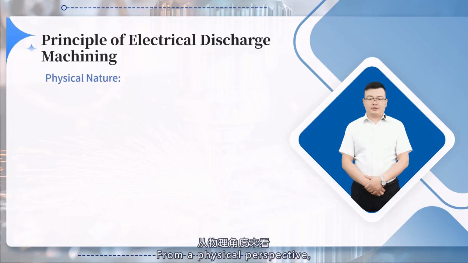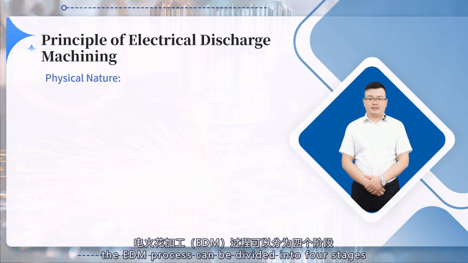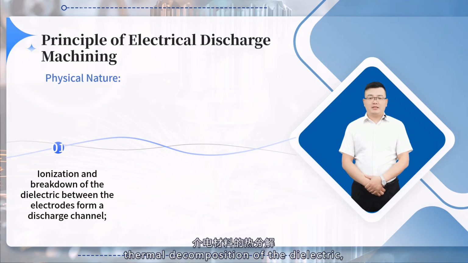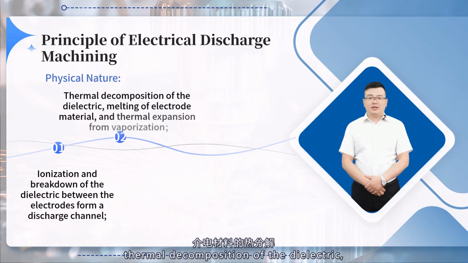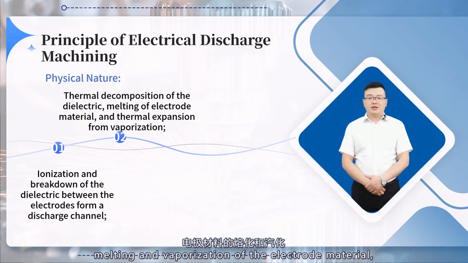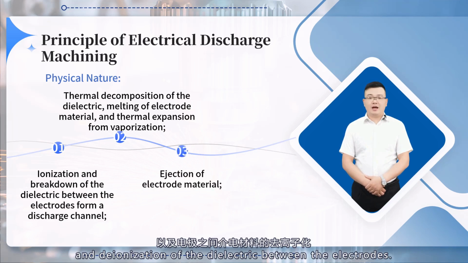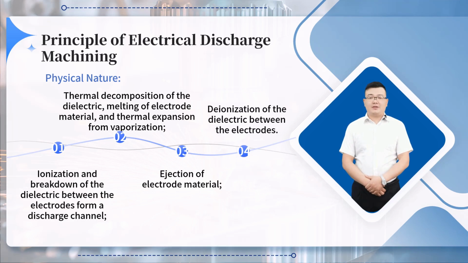From a physical perspective, the EDM process can be divided into 4 stages: ionization and breakdown of the dielectric between the electrodes, forming a discharge channel; thermal decomposition of the dielectric, melting and vaporization of the electrode material, and thermal expansion; expulsion of the electrode material; and deionization of the dielectric between the electrodes.